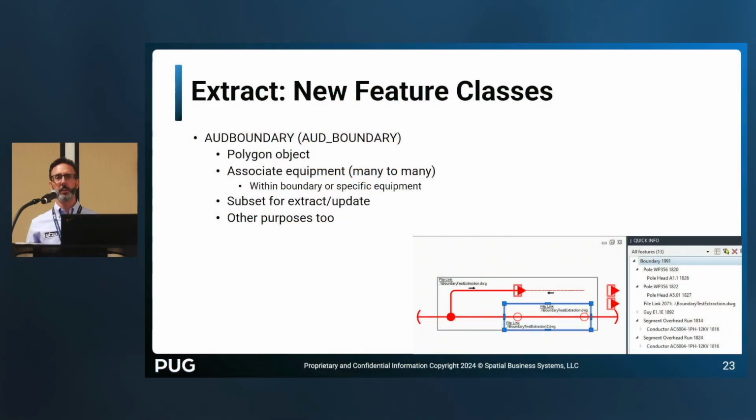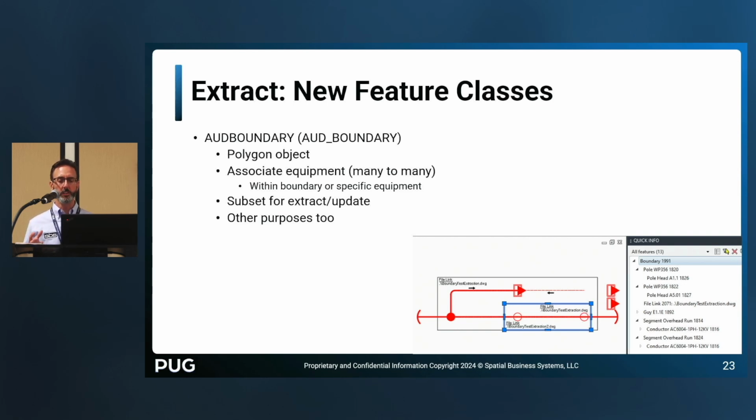And it is not just a polygon feature, but it provides association behavior in some ways similar to a work location. So an AUD boundary is a polygon, but then also allows you to associate features to that polygon. Now, this does not necessarily mean those features have to be within the polygon. We have an editing function that allows you to establish that, and that can use the extent of the polygon to establish that.